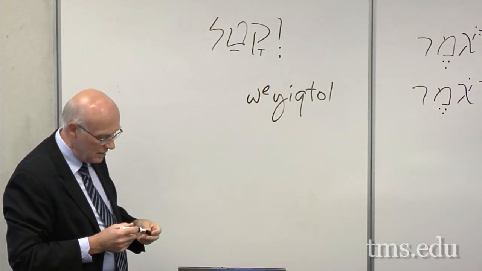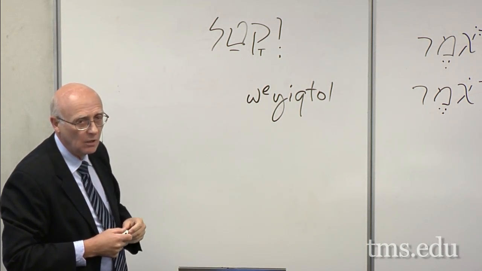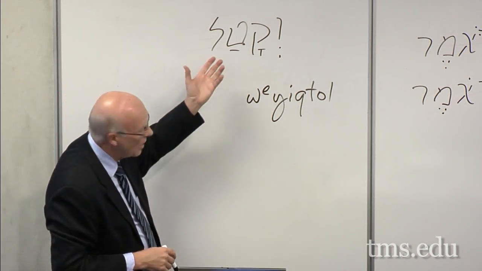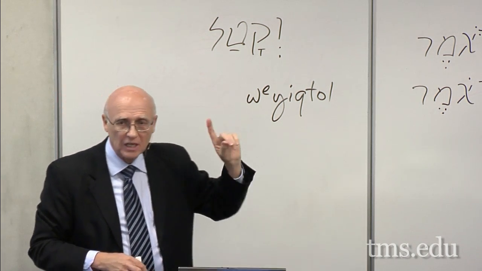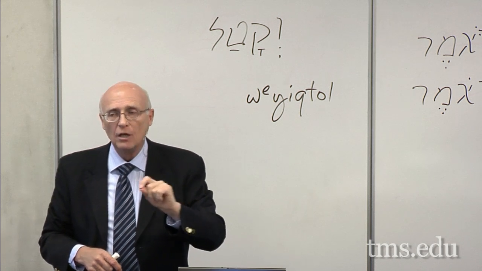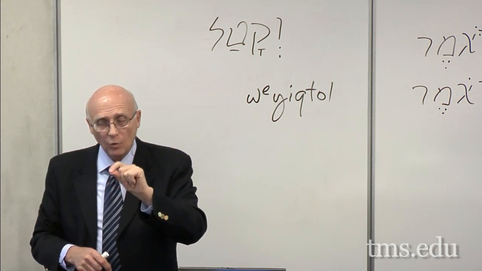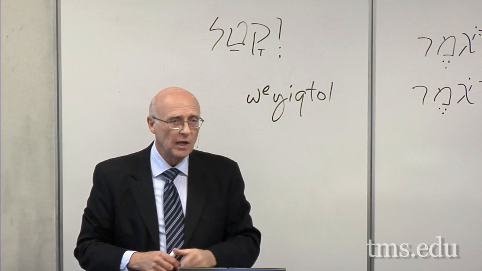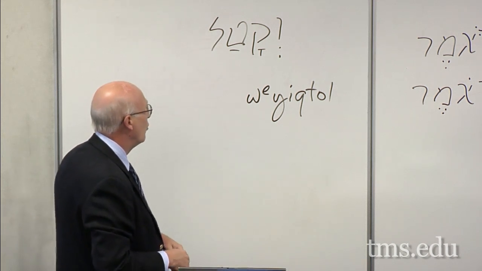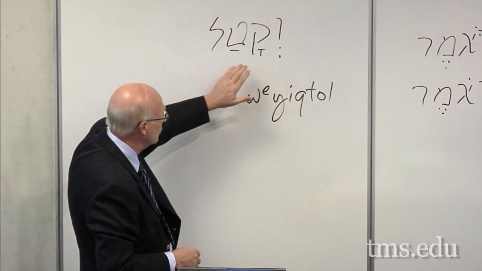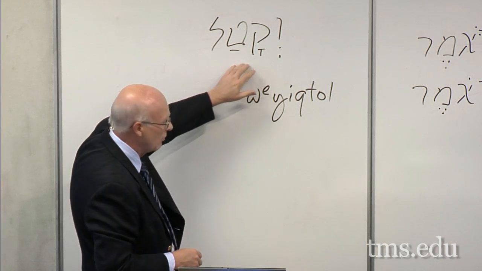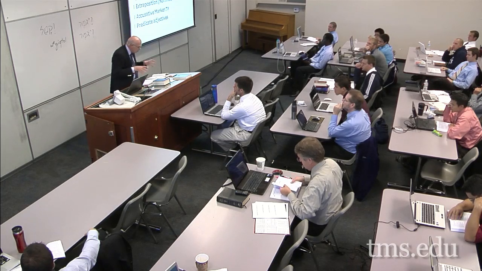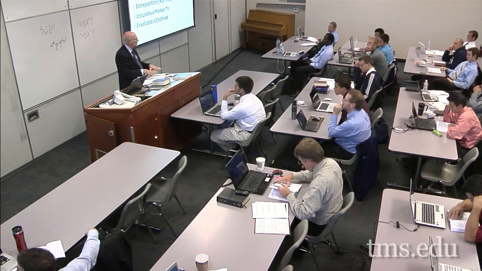Only context can tell you the difference. And next week I'll talk about the fact that there is a slightly different situation in some forms, not all forms, with a change of the accent pattern that helps to identify the non-waw correlative perfect as opposed to the waw correlative perfect. Okay? But there are differences, and what he's done is try to highlight these and demonstrate them.